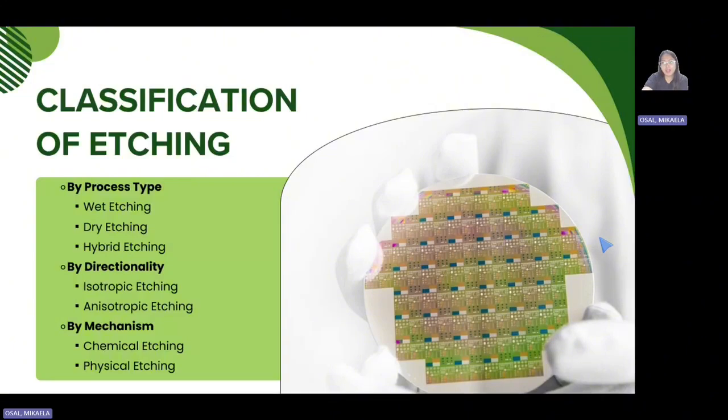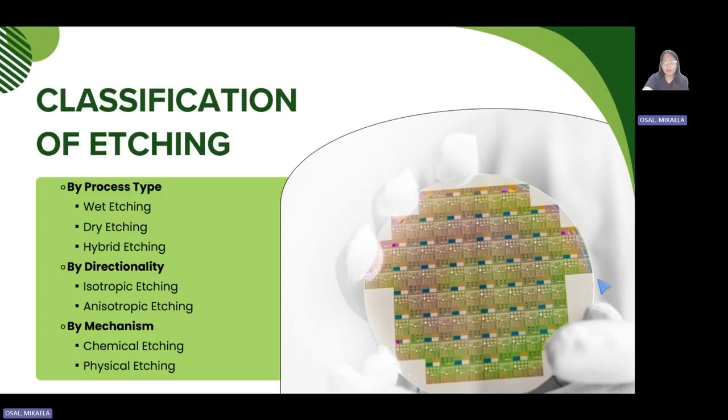Etching can be classified by process type, directionality, and mechanism. Wet etching uses liquid chemicals, while dry etching uses plasma. Hybrid methods combine both.